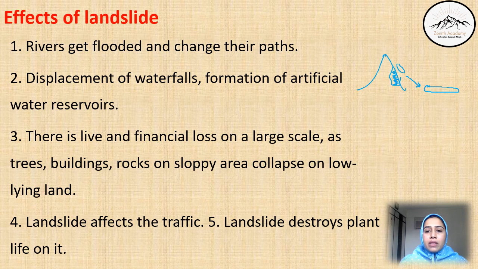This crack or gap will fill itself with water during rainfall, and this will be a formation of artificial water reservoir. Also, the particular waterfall which was present over there will no longer be there.